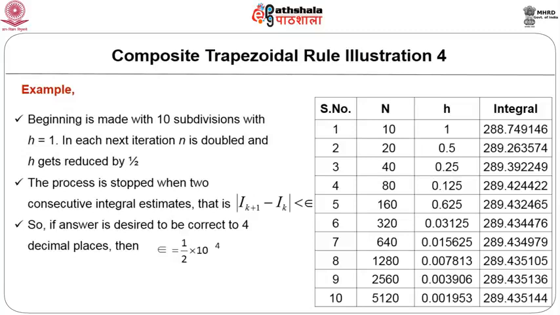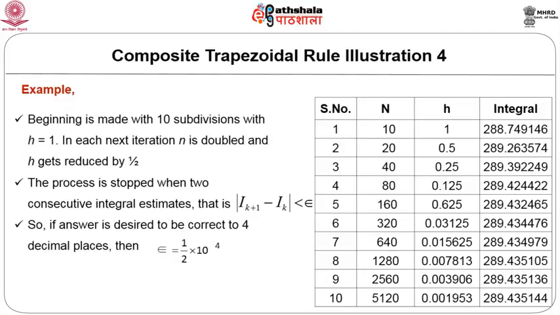So n was 10, h is 1 in this case, and the integral calculated came out to be 288.749146. The exact value of this integral up to 5 decimal places is 289.43515. Next, the number of divisions became double, so it became 20, h became half, 1 by 2, and the value of the integral came out to be 289.263574.